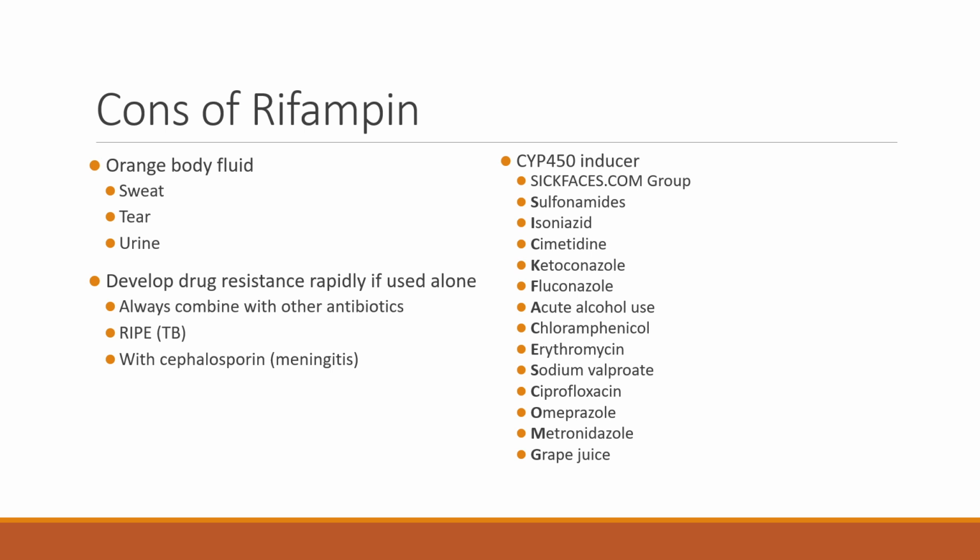It's a normal phenomenon, because this is one of the side effects of Rifampin. And I also mentioned in previous slides that it develops drug resistance rapidly if used alone, so I'm not going to repeat it again.